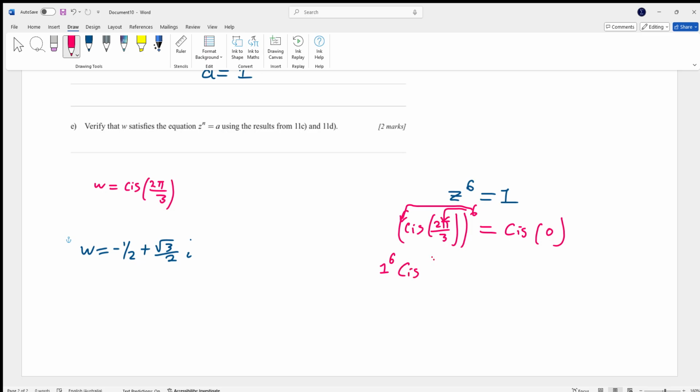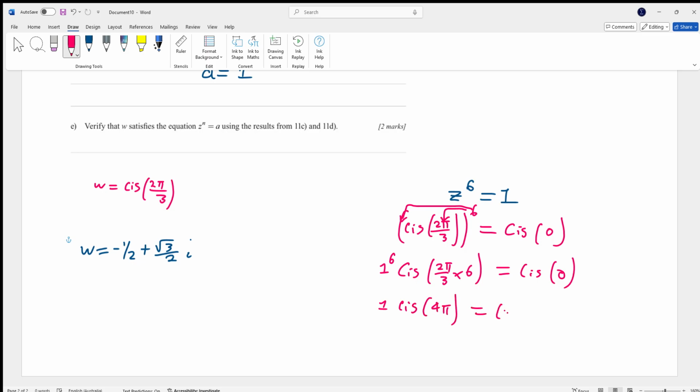So it's cis 2 pi over 3 times 6, and this equals cis 0. Now we've got to check if they're equal. 1 to the power of 6 is just 1. Cis 2 pi over 3 times 6: the 3 and the 6 are going to cancel to turn into 2. So this turns into 4 pi.